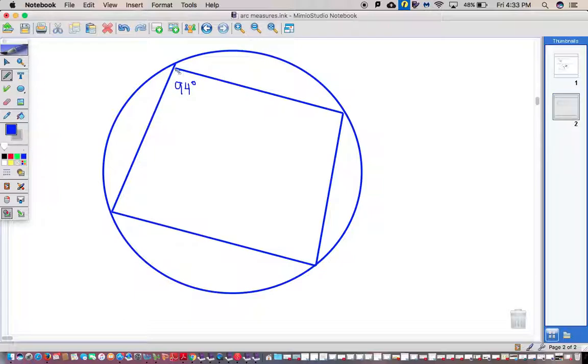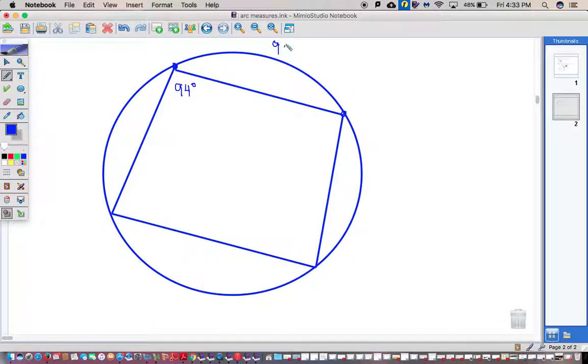Let's say that this arc from here to here is 92 degrees. We're going to name these X and Y, and this down here is C, and this is W. And we want to know what this angle here is. We're also given that this arc down here is 60 degrees.